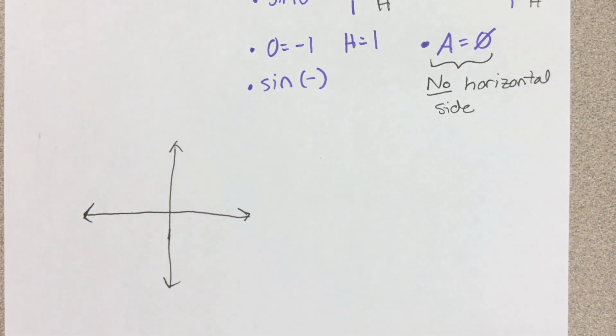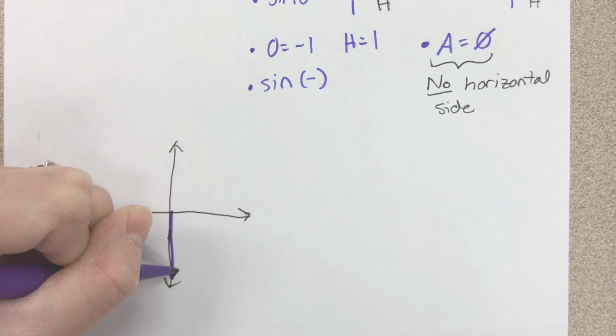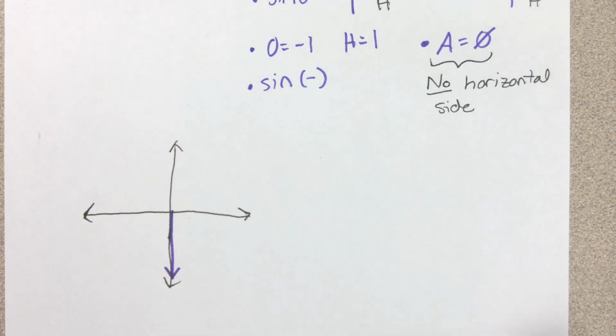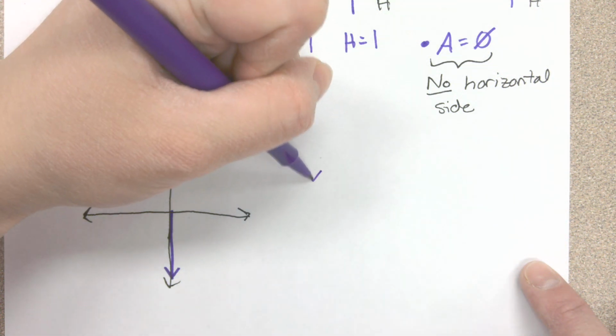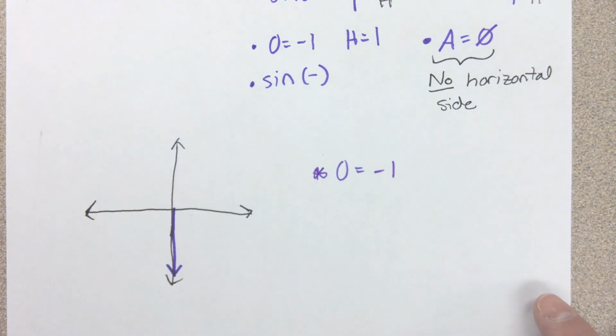Where am I going to graph my angle at? Going down, yes. Reminder, our O is -1.